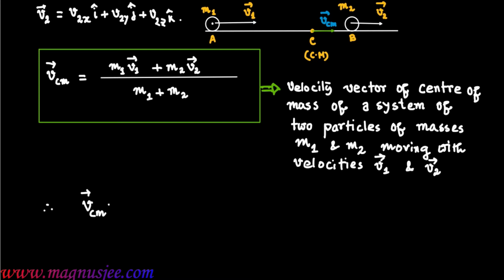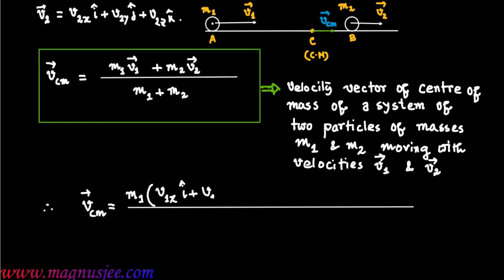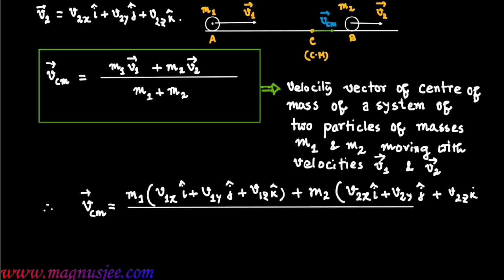Therefore, vector vcm equals m1 bracket open v1x i cap plus v1y j cap plus v1z k cap bracket close plus m2 bracket open v2x i cap plus v2y j cap plus v2z k cap bracket close, whole divided by m1 plus m2.